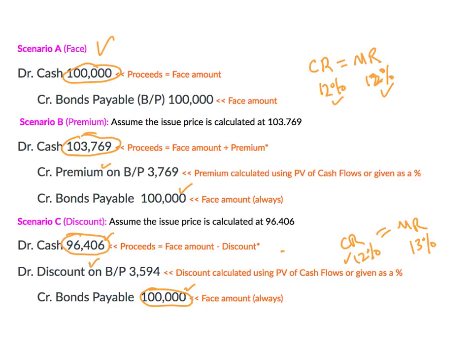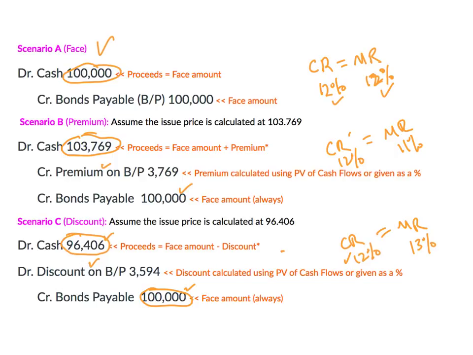In that case, the premium helps to reduce our interest expense. So if you might remember this, the contract rate again is still 12%. That never changes. But in this case, the market rate was 11%. And so the bond was giving away too much. And so we need to make an adjustment to the price to make up for the difference.